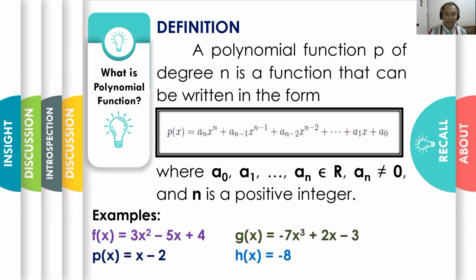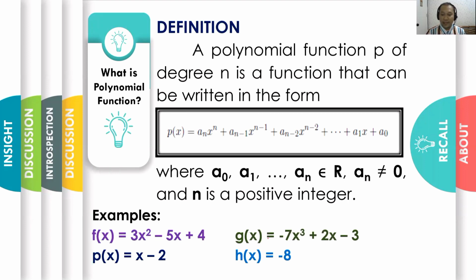P of x is equal to 3x squared minus 5x plus 4. Looking at our example for f of x, our exponent 2 is a positive integer. And then for p of x is equal to x minus 1, our exponent here is positive 1.